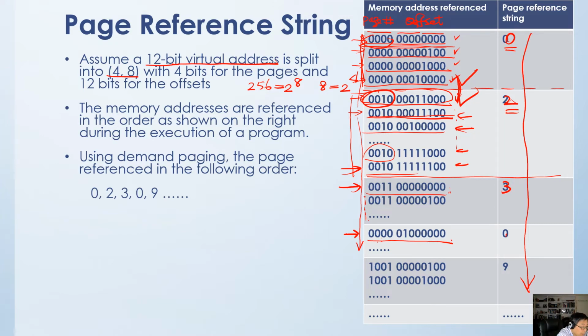Or using demand paging, if page 0 is loaded into, for example, frame number 10, and page 2 is loaded into frame 100, and page 3 is probably not loaded yet using demand paging, right?